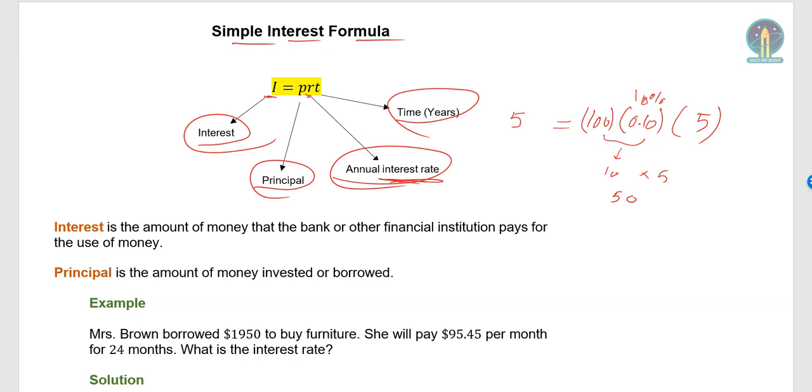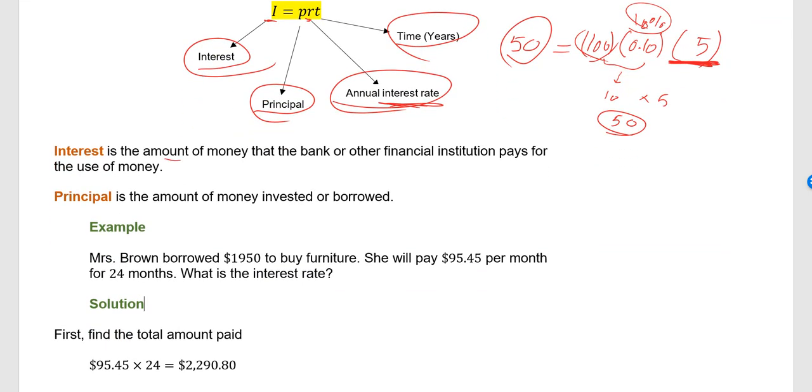So the interest paid over the 5 years, at a rate of 10% of 100, is $50, which makes sense. Every year a tenth of 100 is 10, and over 5 years it would be 50.